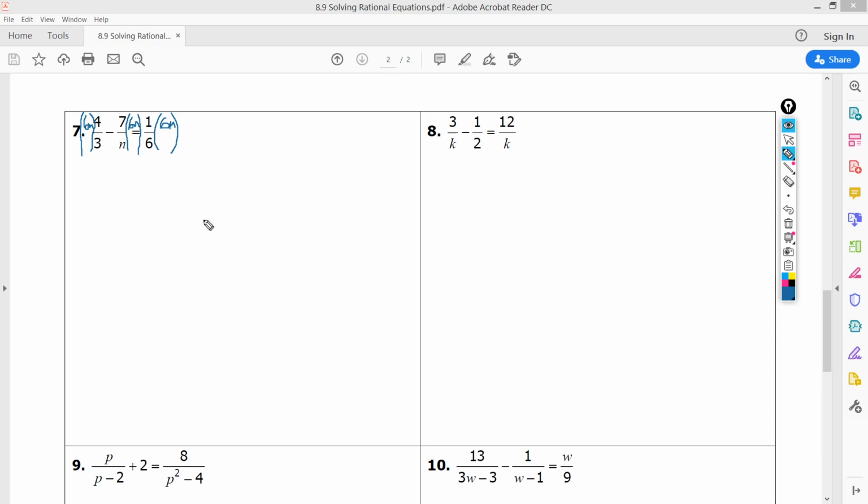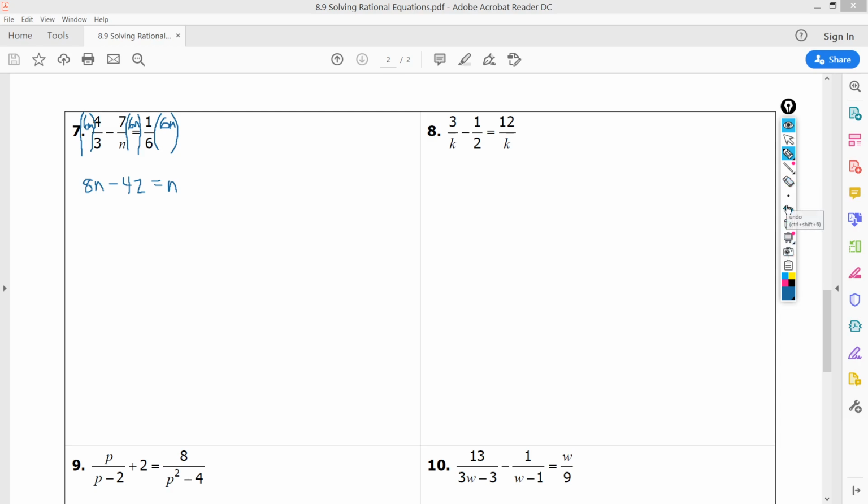So now what's my new equation? I did 4/3 times 6n. Well, 6 times 4 is 24, divided by 3 is 8, so this is now 8n, minus, my n's cancel, so I just have 7 times 6, which is 42, equals 1/6 times 6n, the 6's cancel, so I just have n.